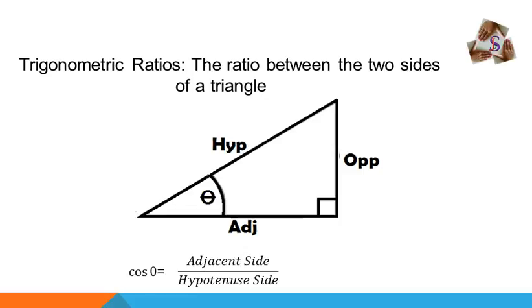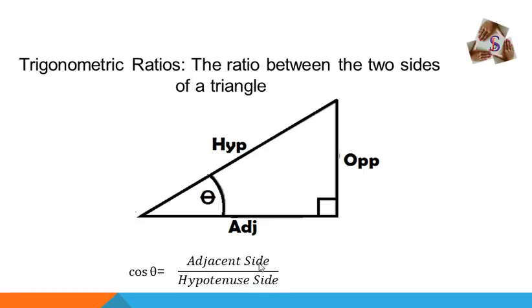Cos theta. So cos theta is equal to the adjacent side by the hypotenuse side. So my reference angle is theta, and cos theta will be called a trigonometric ratio because we find it out by dividing the adjacent side by the hypotenuse side.